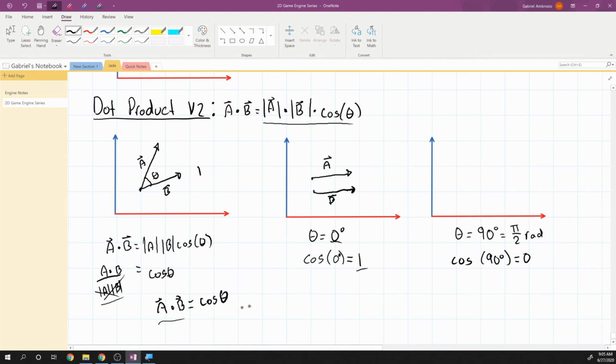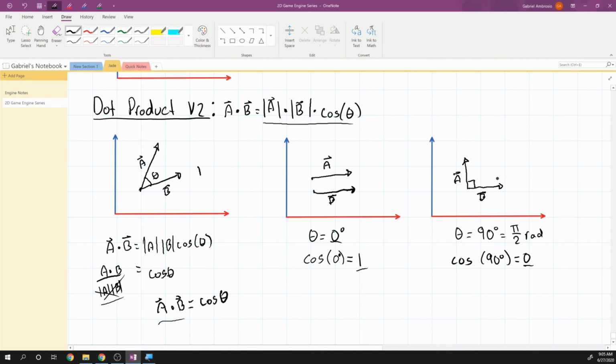So A dot B equals 1, they are parallel. What about if A dot B equals 0? Well, we know that the cosine of 90 degrees is 0, cosine of pi over 2 is 0. So that means the two vectors are perpendicular, so they are at right angles to each other.